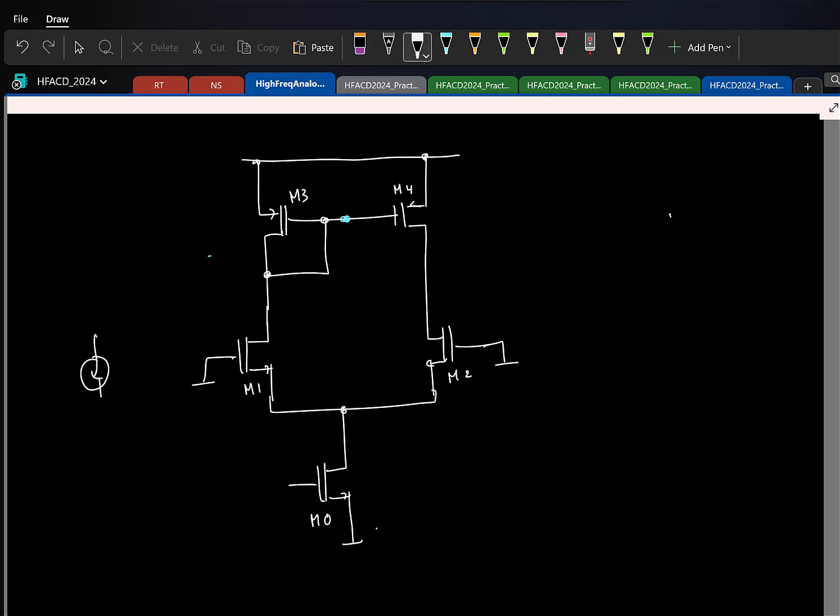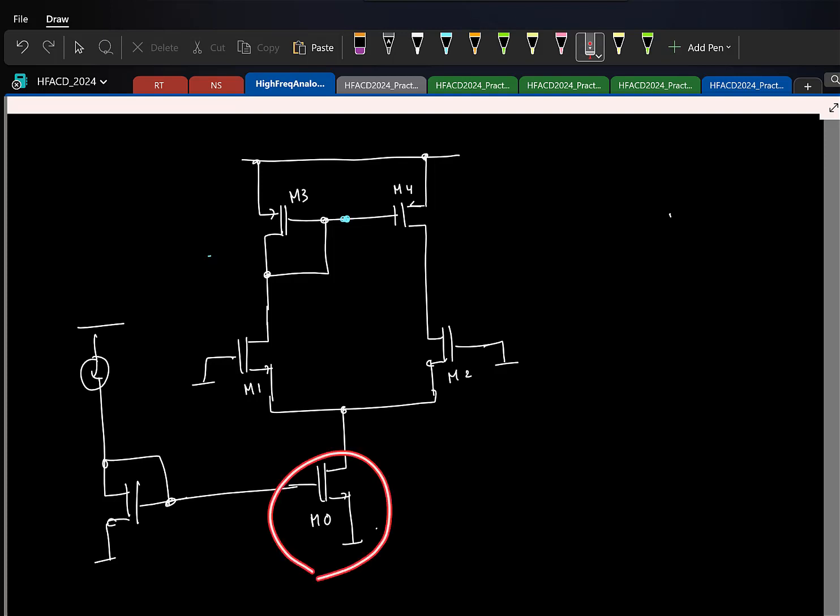Let me draw the biasing also. Let's start with this guy. Let us say I increase the width of M0, or rather, let us say this is M minus 1, and both widths of M minus 1 and M0 are doubled, or let's say some increase.